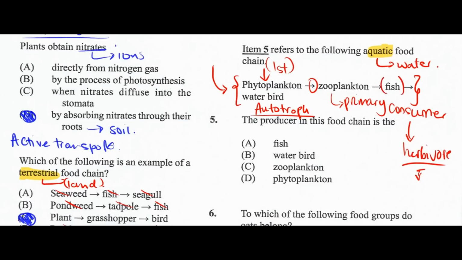Then the third member is a secondary consumer. The last one is either the tertiary consumer, or in some cases, depending on whether it's a food chain or food web, the apex predator. Alright, so the producer in this food chain is the phytoplankton, the first member.